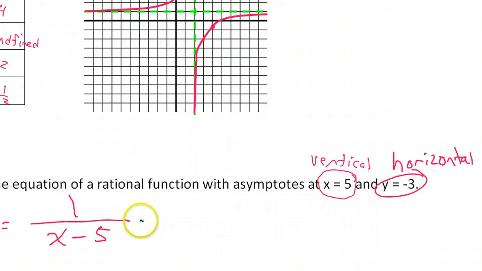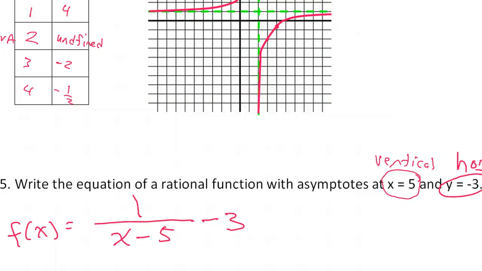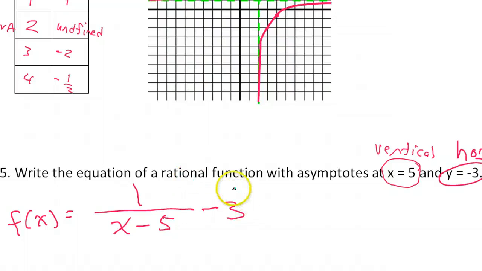And the way I move the graph down 3 is by sticking a minus 3 on the end of this. So that would move me down 3, horizontal asymptote y equals negative 3, and to the right by 5, vertical asymptote x equals 5. So mission accomplished. This number up here could have been 2 or something else, but this gets it done.